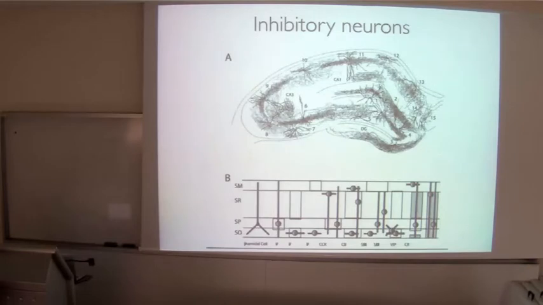Okay. And then these boxes are telling you where the neuron is sending its output. So this one, for example, collects the input from all the layers, but sends the output only to the layer of the somata of pyramidal neurons. This one is very local. It collects the input here, but it sends the output there.